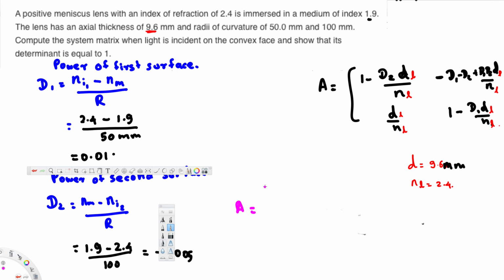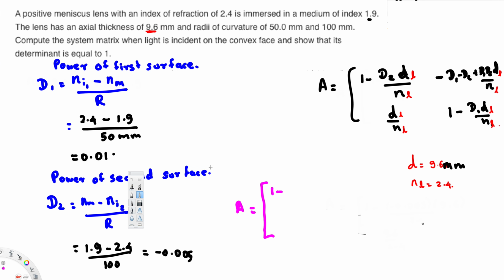A is equal to 1 minus D2, we found that is negative 0.005, so 1 minus negative 0.005, multiplied by the thickness, that is 9.6, divided by the index of refraction of the lens, that is 2.4, and at the bottom we have d over n.